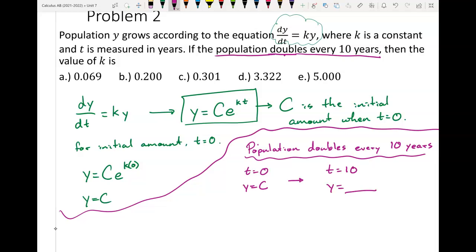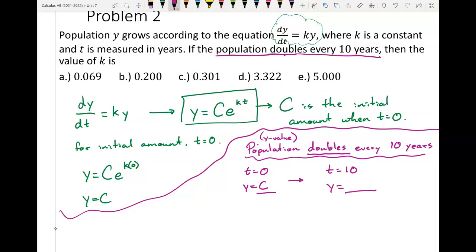In your groups, discuss. Now to aid you in your conversation, remember our y value is the population. The population is that output y value of this equation. So, if at time equals 0, y is equal to c, what would it be in 10 years? Population doubles.